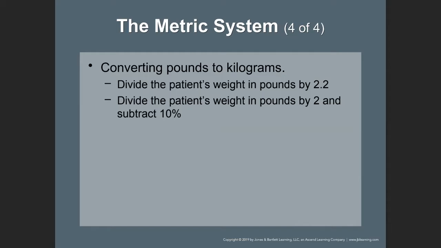If you're going to convert kilograms to pounds, you multiply by 2.2. Or you can use the rule of 10: divide the patient's weight in pounds by 2 and then subtract 10% of that value.